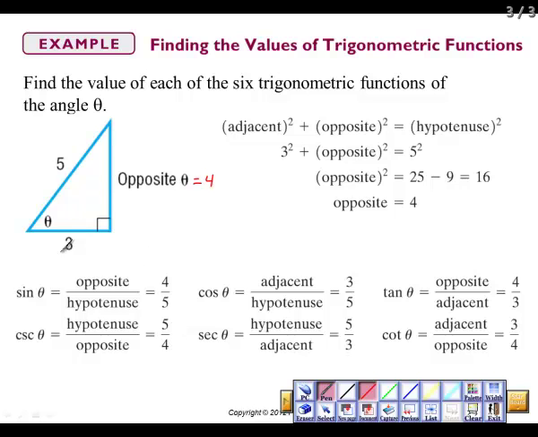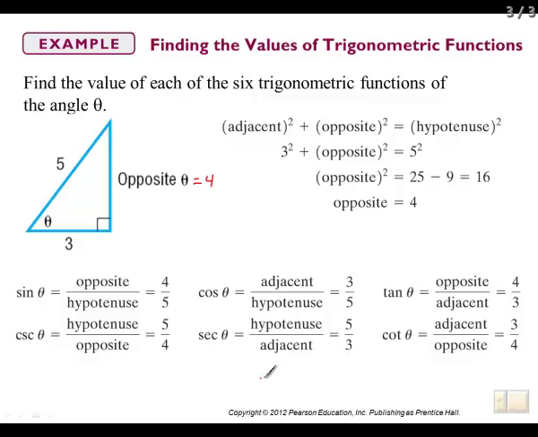Cosine is adjacent over hypotenuse, that's 3 over 5, so secant is going to be 5 over 3. And tangent is opposite over adjacent, so that's going to be 4 over 3, and so cotangent is going to be 3 over 4. And so we have our 6 trigonometric functions and our values for those.